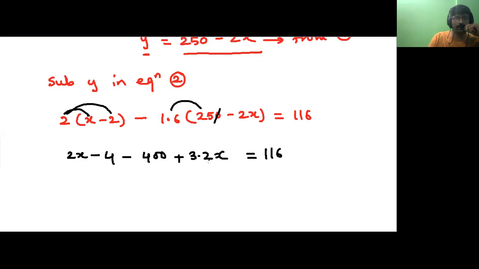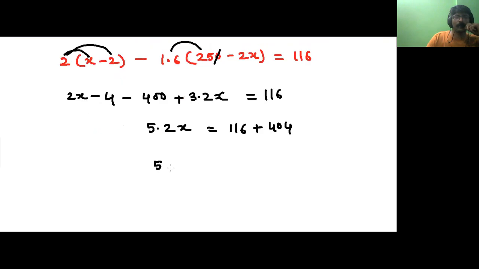So 2x plus 3.2x will become 5.2x, and this is negative 404. When we take it to the other side, it will become positive. So 116 plus 404 will turn out as 520.